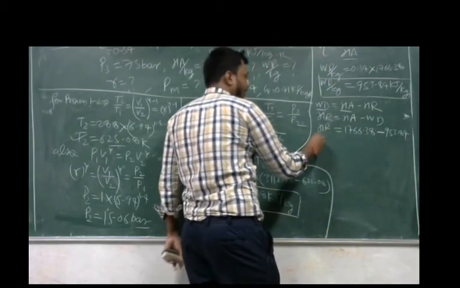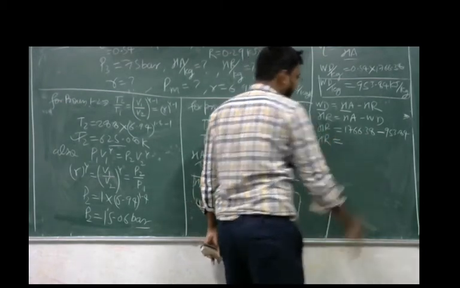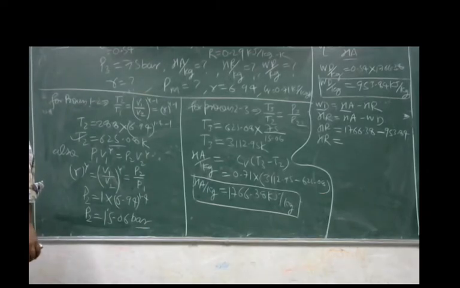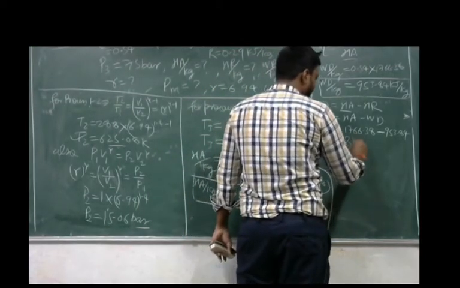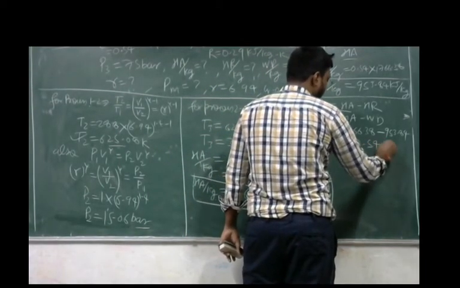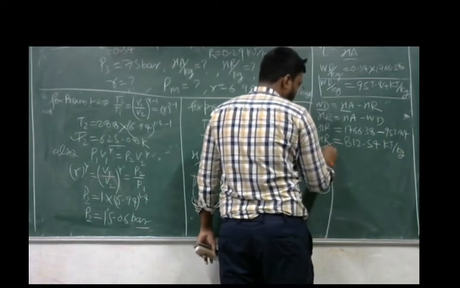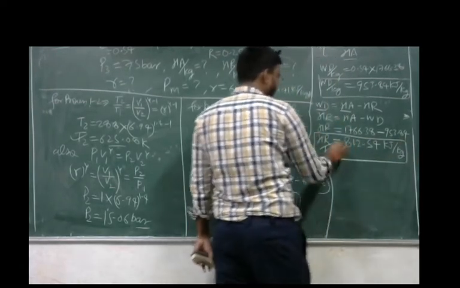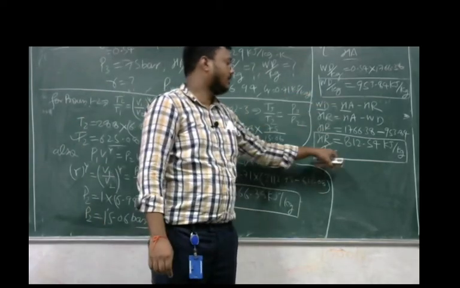So after subtracting this value, you will get heat rejection equal to 812.54 kilojoule per kg. This is also in per kg. So in this way, we have calculated the value of heat addition, work done and heat rejection.